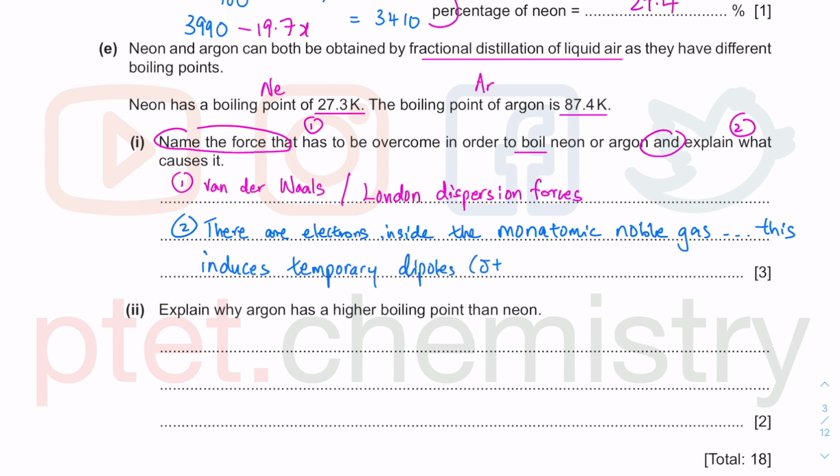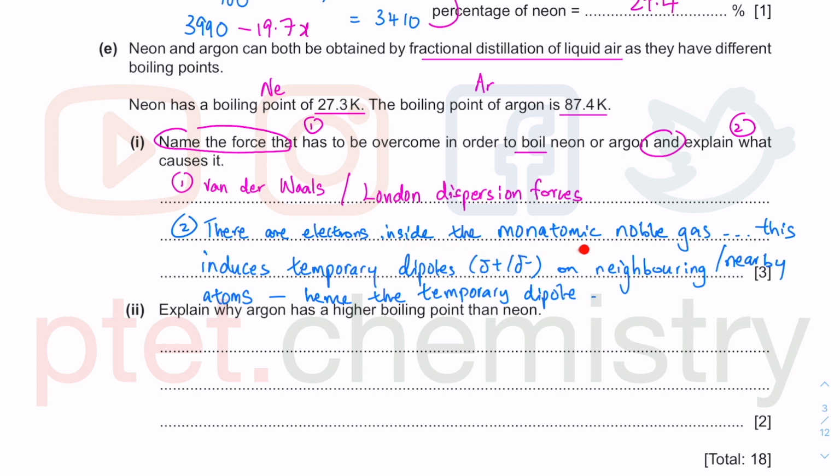Those delta plus, delta minus on the neighboring or nearby atoms, and hence the temporary dipole name, which is also known as London dispersion forces or van der Waals forces, which arises as a result of electrons inside the structure, inside the atom.